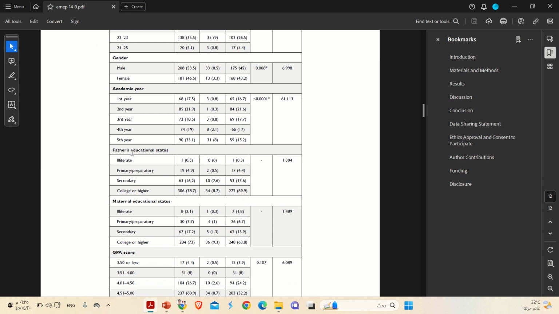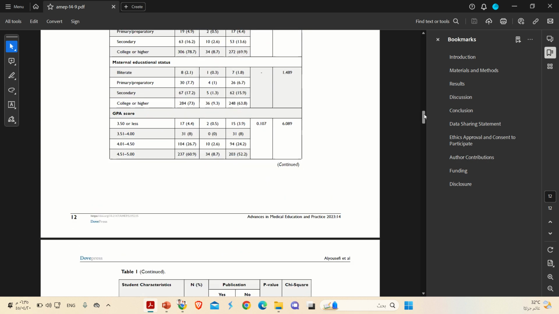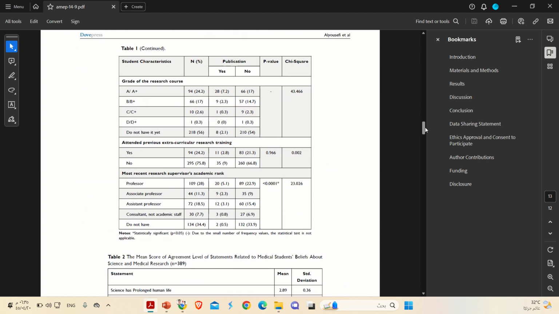For example, father and maternal educational status might not be relevant to your study idea. GPA is also an important aspect, so you can use it as a variable. You can use it as categories, or you can make it continuous if you would prefer. Here you can see the grade of the research course, attended previous extracurricular research training, most recent research supervisor academic rank.